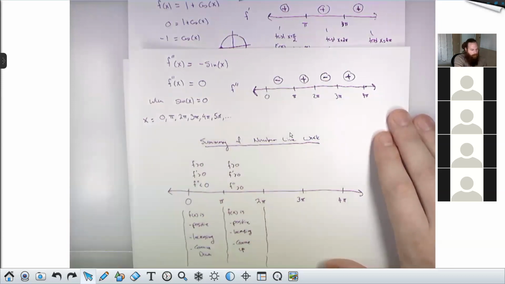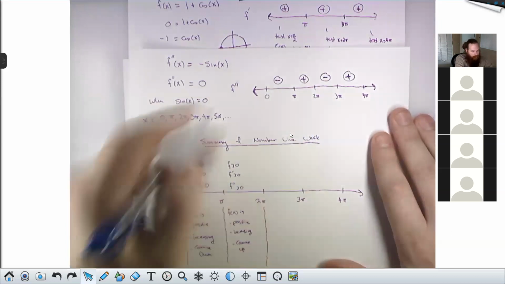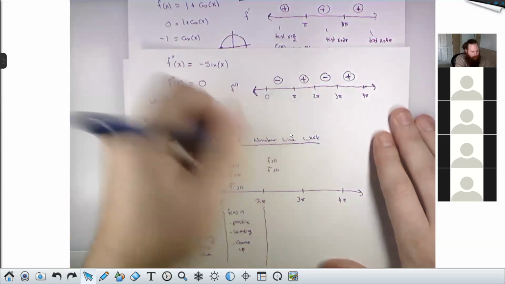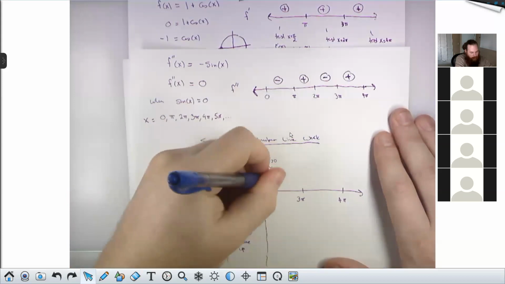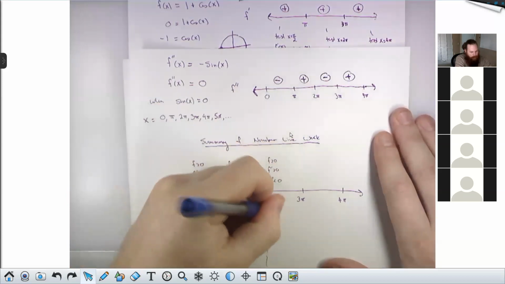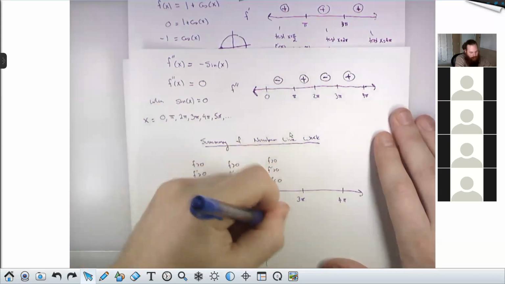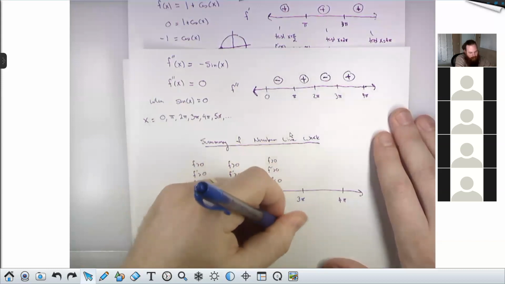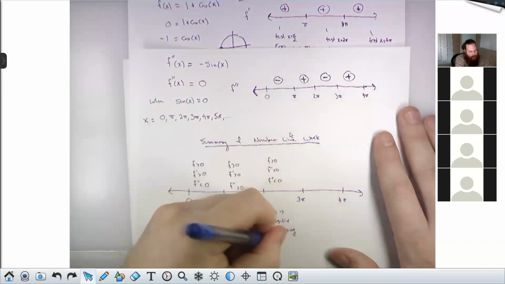And we continue like this. Between 2 pi and 3 pi, f is positive, f prime is positive, and f double prime goes back to being negative. So f of x is positive, increasing, and back to concave down.